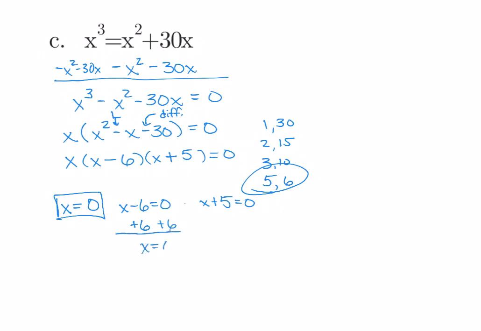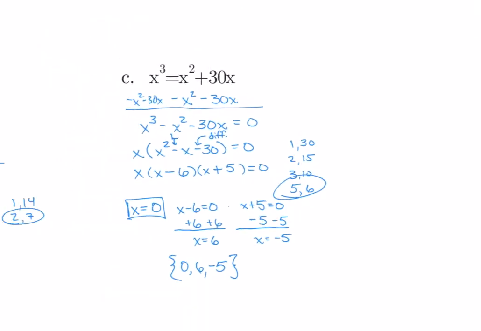We get x equals 6. X plus 5, we're going to subtract 5 from both sides. We get x equals negative 5. So this one has 3 solutions. Don't forget the 0. We have 0, 6, and negative 5.